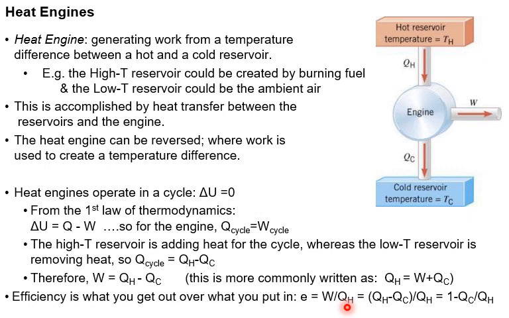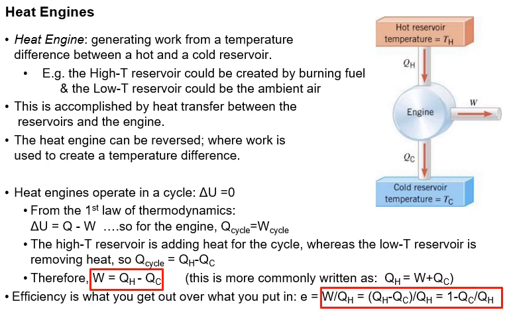You can see algebraically, by plugging in these previous relationships, that this is equivalent to the difference between the heat flow from the high T reservoir and the heat flow from the low T reservoir, since we just plugged in this definition of work. Or with some algebra, that's equivalent to 1 minus the heat flow to the cold temperature reservoir divided by the heat flow from the high temperature reservoir.